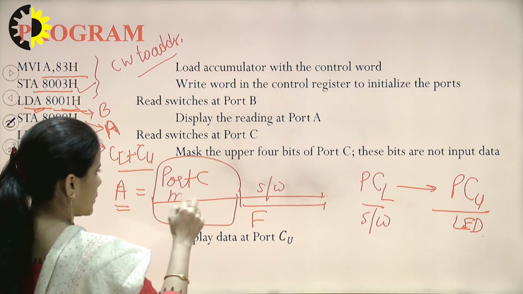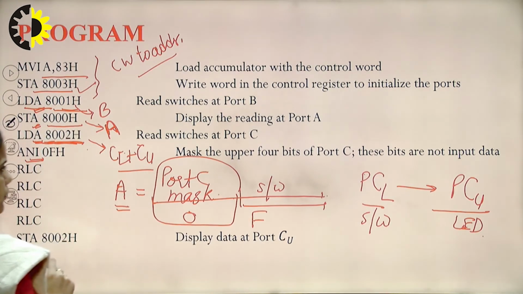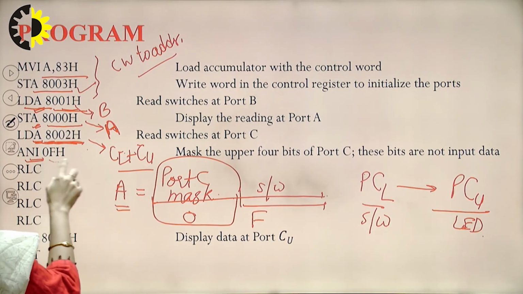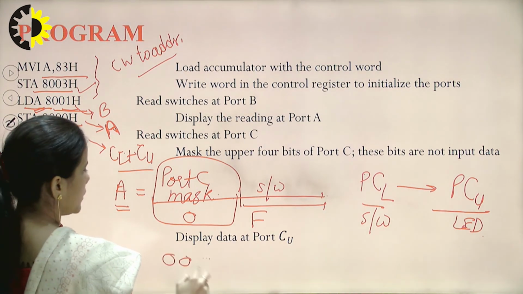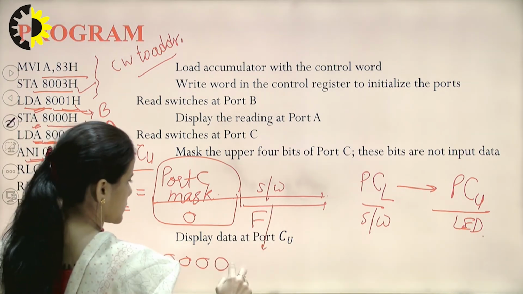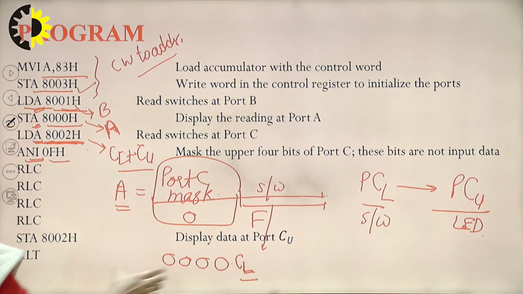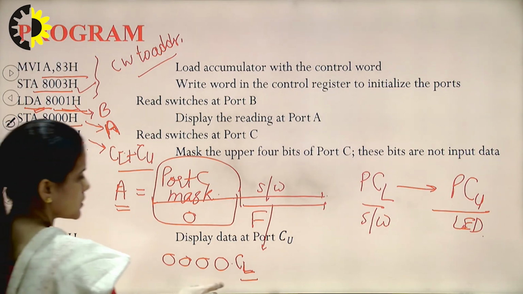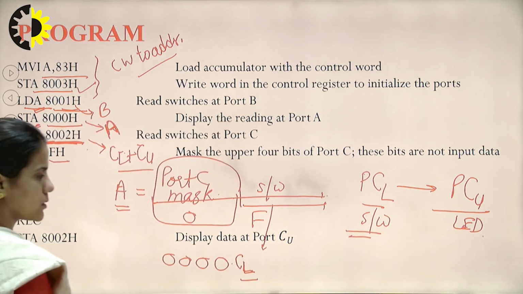So after the operation ANI 0FH, this part will be 0 and this part will be obtained as it is. So the port C lower part will be obtained as it is and the upper part will be 0. We are concerned with port C lower because we want the status of switches.